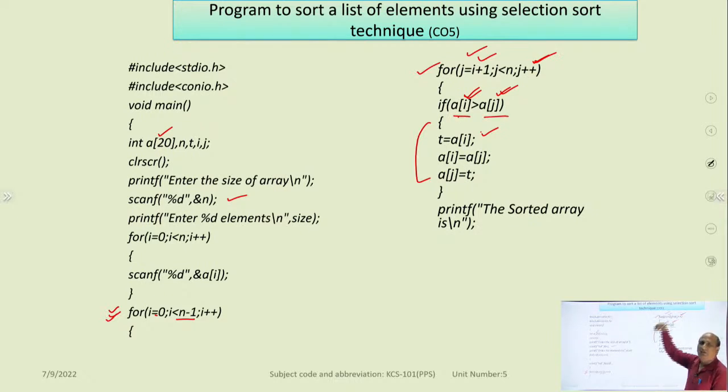Then j will become 3, A of 0 will be compared with A of 3. j will become 4, A of 0 will be compared with A of 4, means the first selected position element is compared with all other remaining elements. And this way the same logic of selection sort that I have just explained with the example has been coded like this. I hope you all understand it.